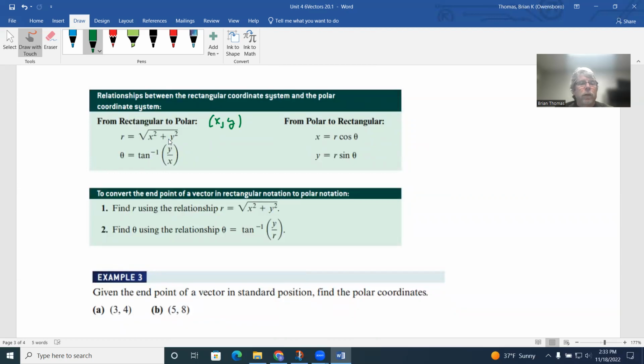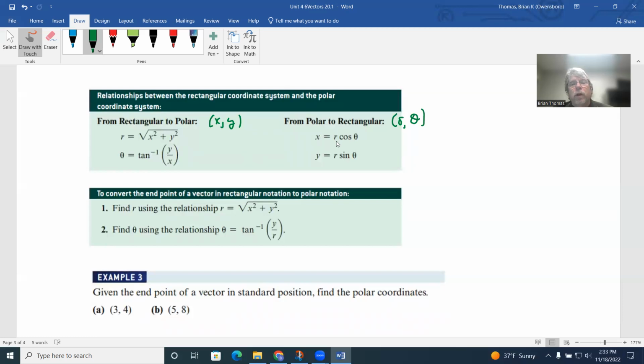That looks familiar. That was like the magnitude that we did earlier. And to find the angle, the central angle, if you will, we're going to do the inverse tangent of y over x, because remember, that's our opposite over adjacent concept. So that's going to give us from rectangular to polar. Remember, polar is going to be this r, theta. So r again is like the magnitude.